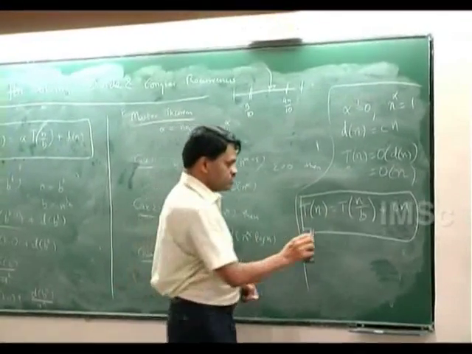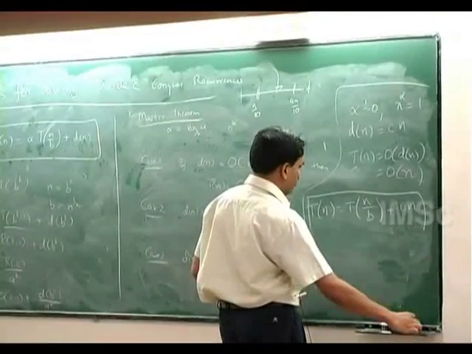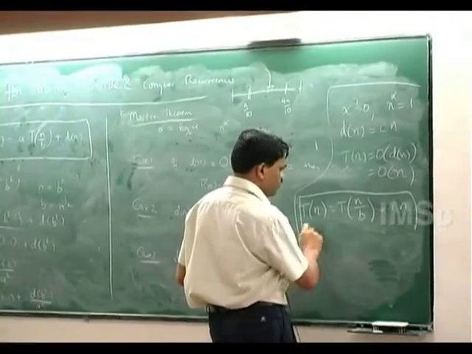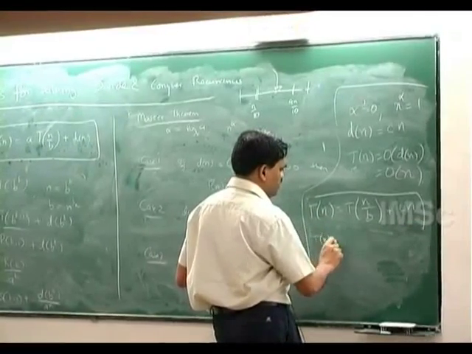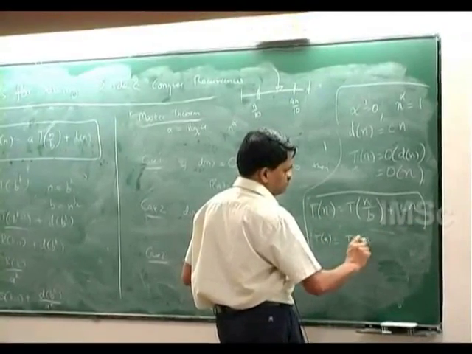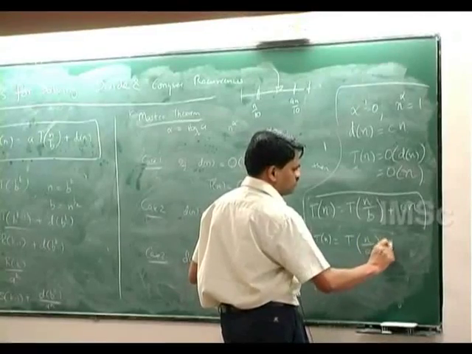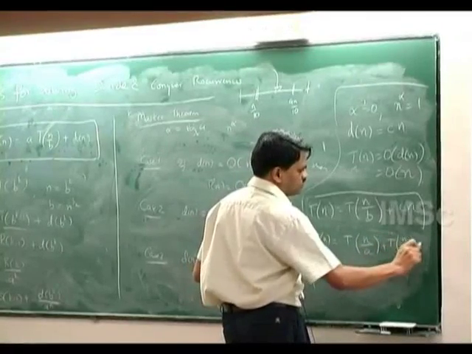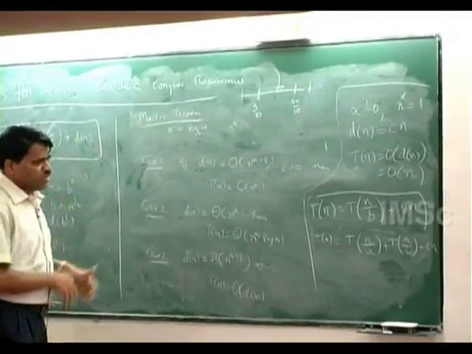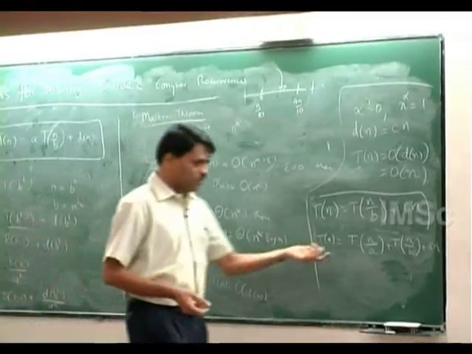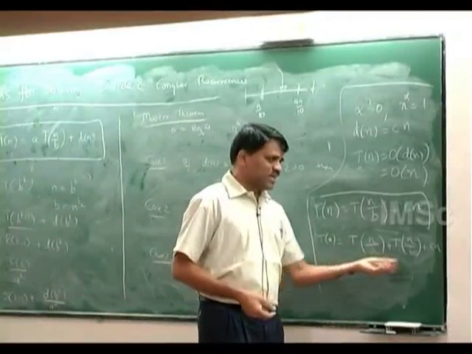So they tried the following. Let's write T of n. In the morning, the recurrences were all such that the problem was divided into almost the same sizes.